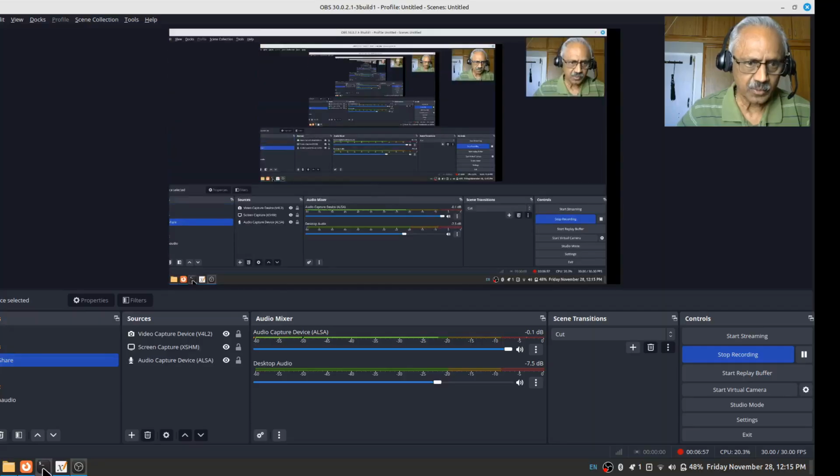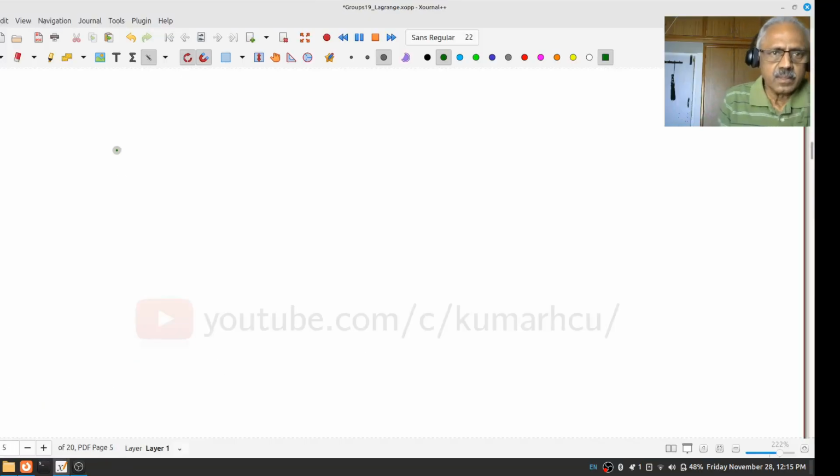We are given two cosets AH and BH, and exactly one of them must be true. What are the two possibilities? AH equals BH, or AH intersection BH is empty, with no common element at all. This is what we want to prove. Is that clear? Now let's prove it. Suppose AH equals BH, then it's okay. Suppose AH is not BH, then I want to prove the intersection is empty.